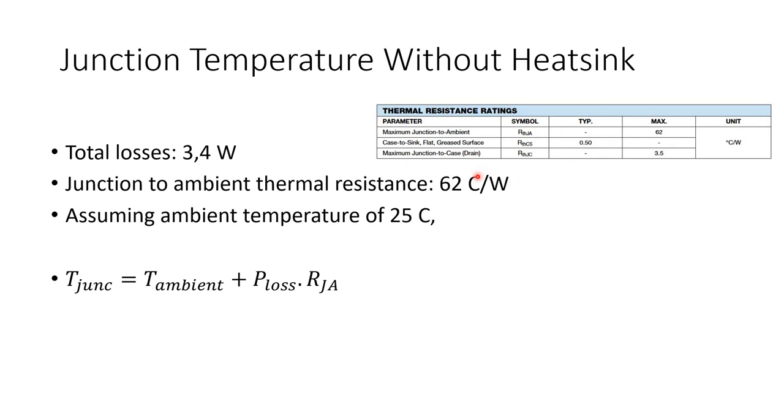In the first part, as I said, I'm going to use the case without a heatsink. Our total losses are around 3.4 watts, and the junction to ambient thermal resistance is given as 62 Celsius per watt in the datasheet of the MOSFET. Assuming an ambient temperature of room temperature, which is around 25 Celsius, one can find the junction temperature of the MOSFET using this formula.